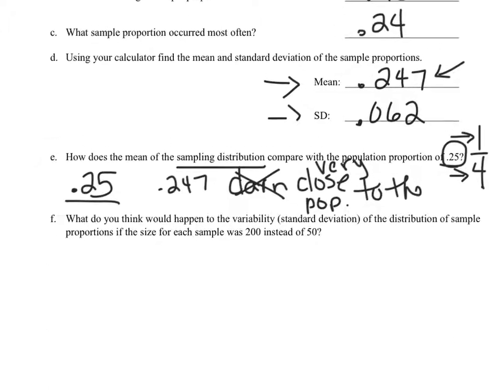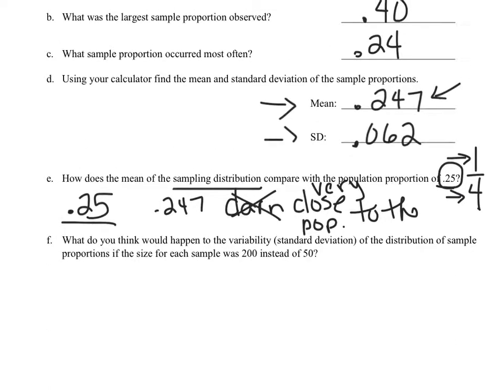What would you think would happen to the variability or the standard deviation of the distribution? Meaning, what would happen to our number here and here, the standard deviation and the mean that we created, if instead of 50 flips, we would have everyone do 200 and count the reds in 200?